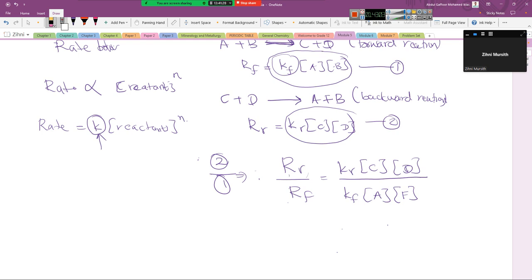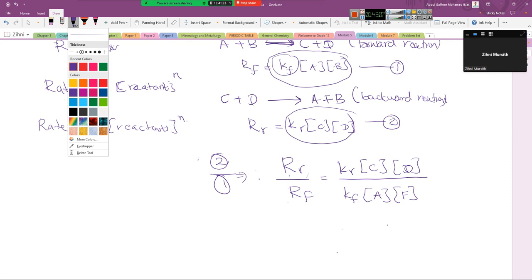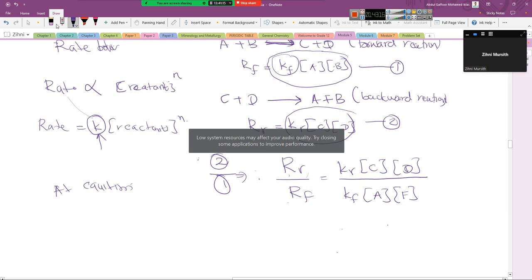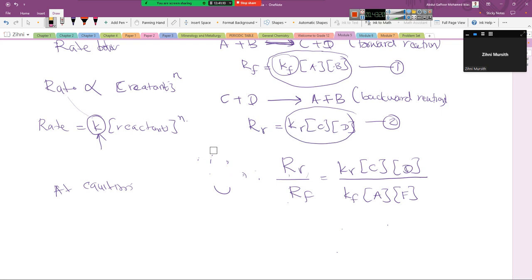Right, now listen, at equilibrium, what is the condition? Rf is equal to Rr, right? Otherwise if I explain this way you can easily understand. Okay, forget everything.